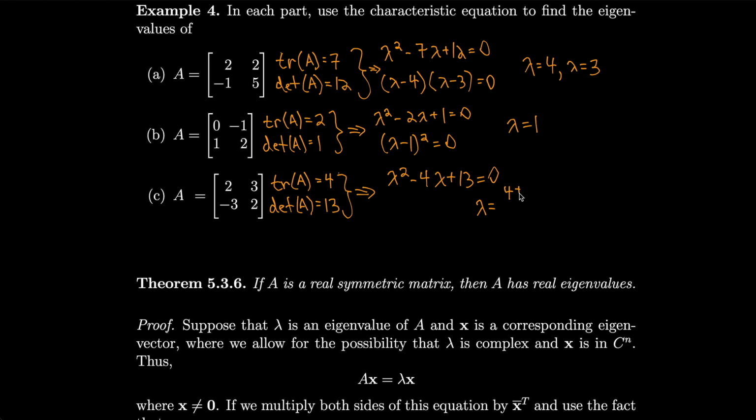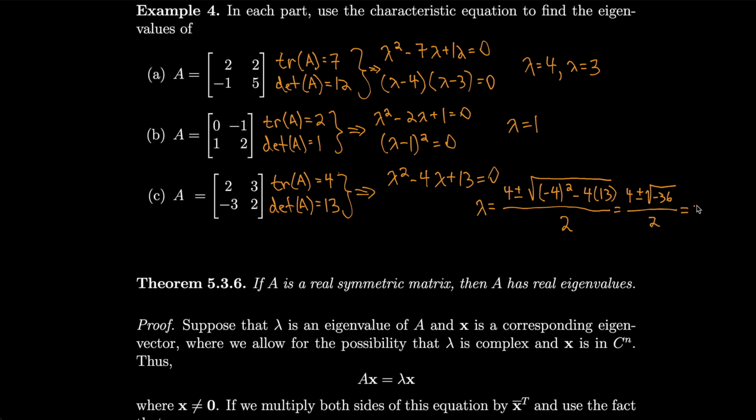So we have 4 plus or minus the square root of minus 4 squared minus 4 times 13, all over 2a, which is just 2. That gives us 4 plus or minus the square root of minus 36, over 2.